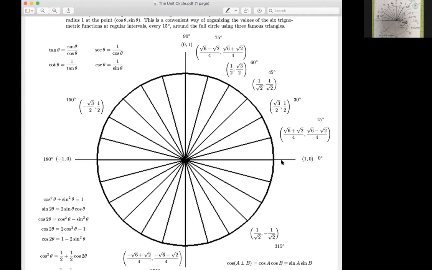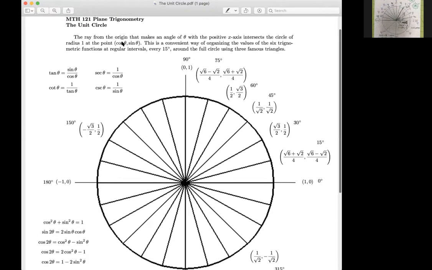Let's pretend you had a circle of radius 1 centered at the origin, and that means on the right-hand side, positive x-axis, you've gone 1 step over and 0 steps up. That is 1 and 0. But with a radius 1, all these points x and y become the sine and cosine of that angle.